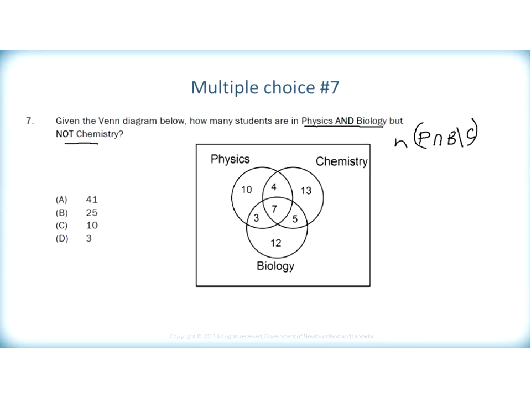What we have in the intersect in physics and biology, we have this right here, 10 students. Yet we're not going to include the ones that are in chemistry. So who likes physics and biology, but not chemistry, would be 3.